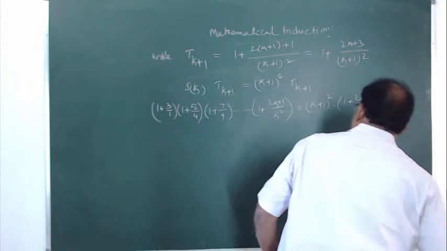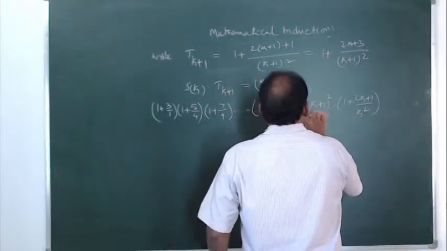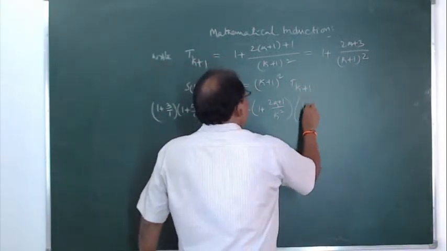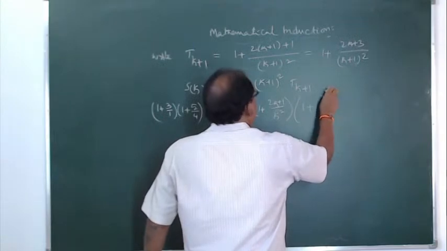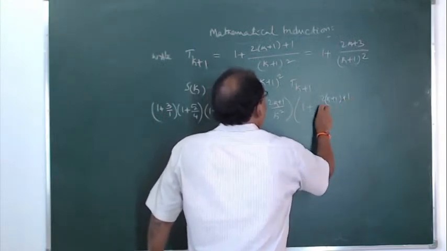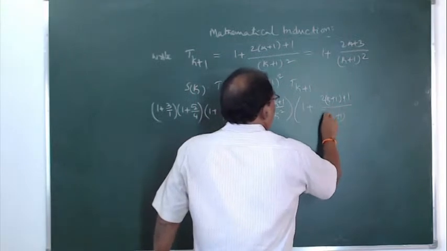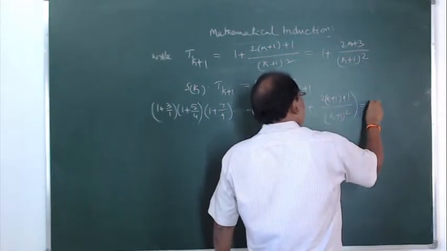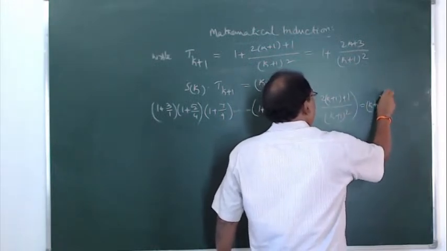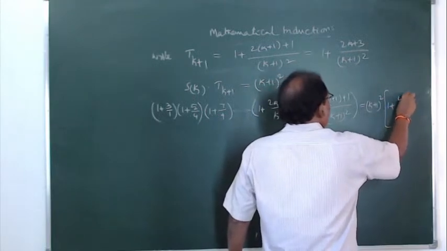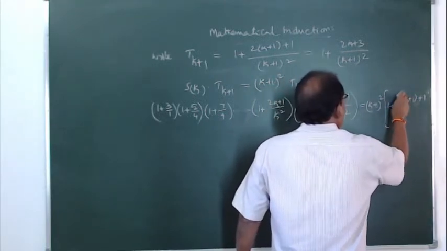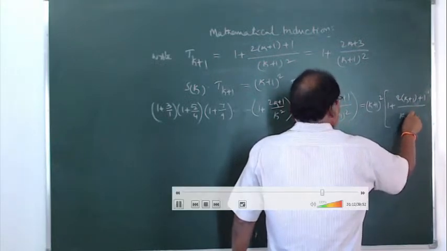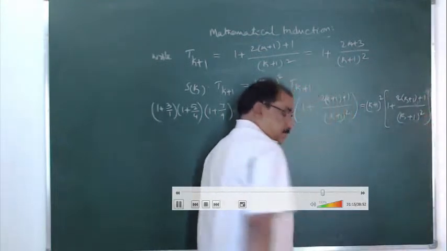Multiplication with tk plus 1, 1 plus 2k plus 1 by k plus 1 whole square is equal to RHS, k plus 1 whole square into 2k plus 1 plus 1 by k plus 1 whole square.